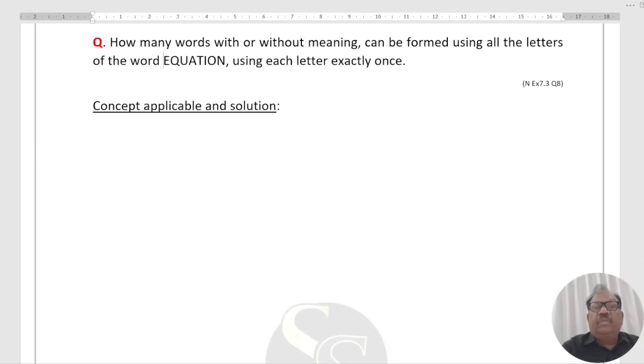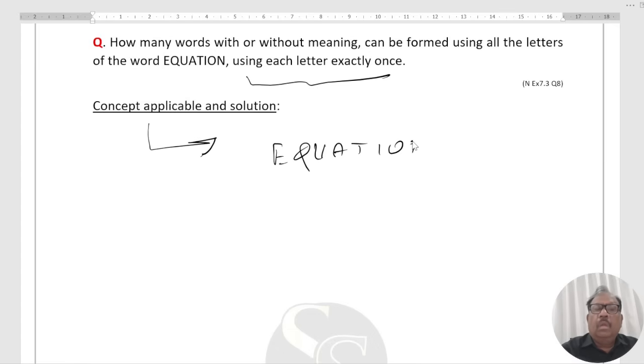Question is how many words with or without meaning can be formed using all the letters of the word EQUATION, using each letter exactly once. Concept applicable in solution. Equation: total letters are 1, 2, 3, 4, 5, 6, 7, 8.